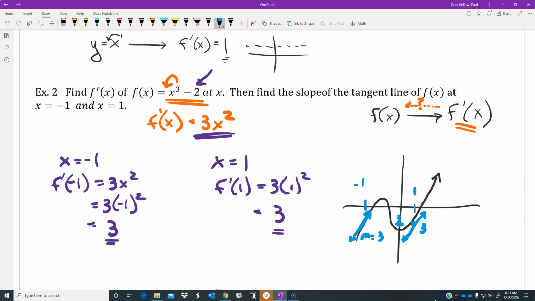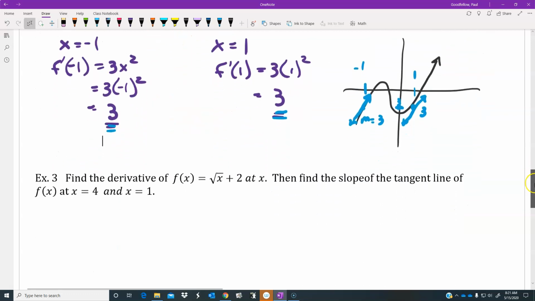Because remember that when we're graphing the derivative, its y is about the slope of the tangent line. So we can say that the slope of the tangent line at those 2 points in the domain is parallel, and we would be getting the same exact amount of velocity at either one of those 2 spots.